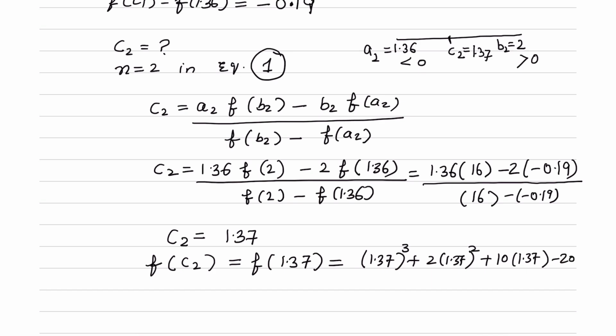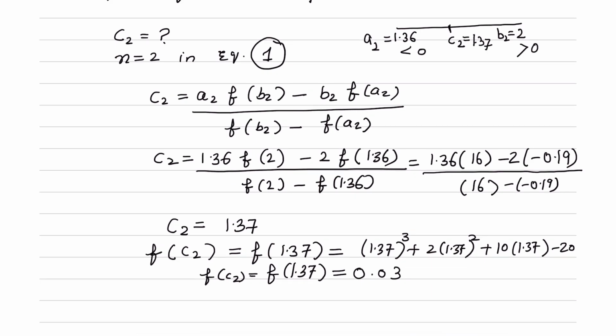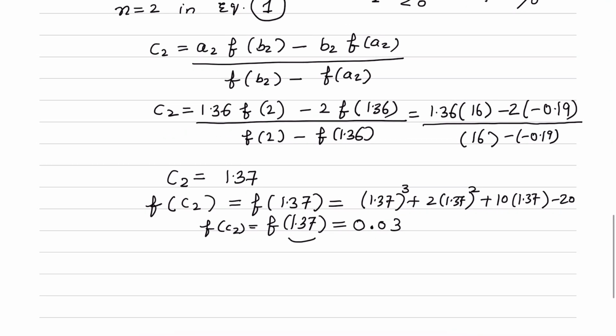And this gives us f of c2, f of 1.37, 0.03. So our goal was to find a number such that when we plug it in the function, we have on the right of decimal 0 and some digit. And now that we have that situation, this is where we will stop.